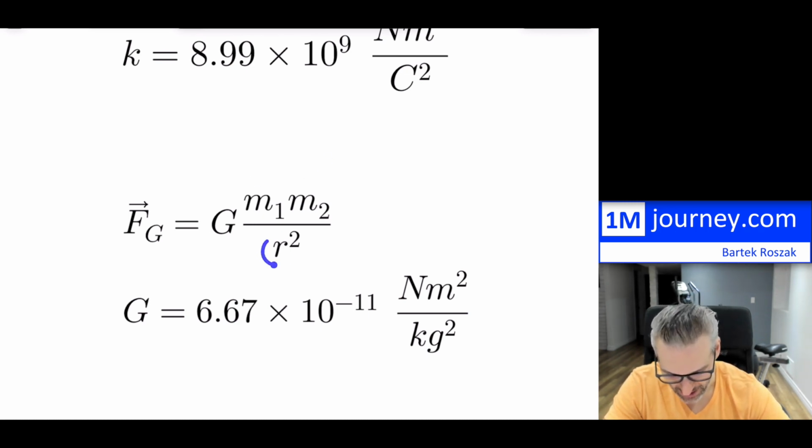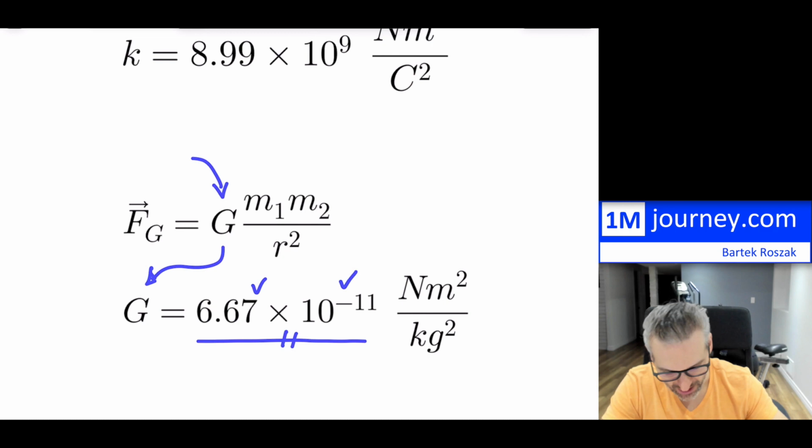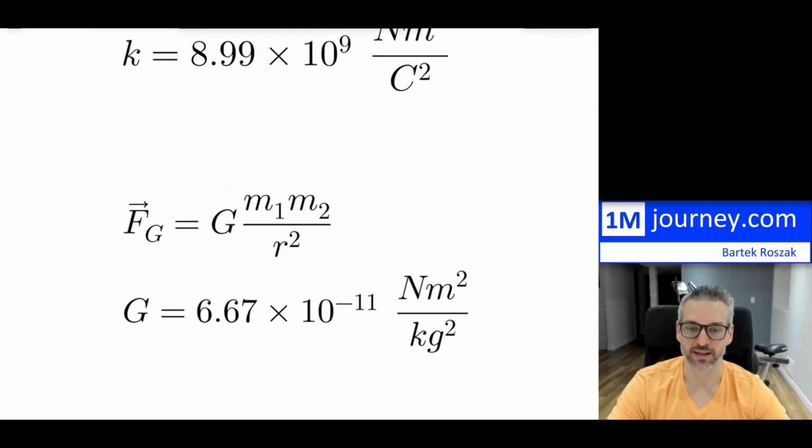They were a certain distance apart from each other. Notice we have a square right there, and then there's a constant right here. That particular constant we find by experimentation, and it is a very tiny constant. It relates things back for us, and we know what the force of attraction is between two masses.